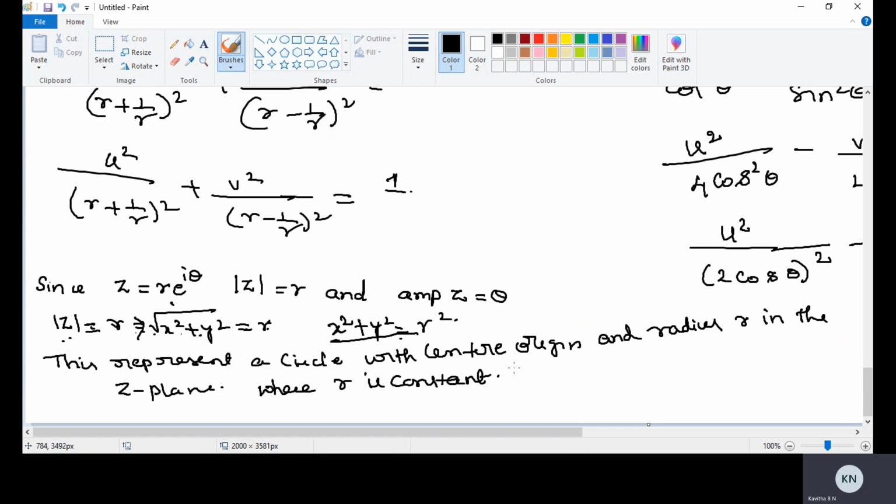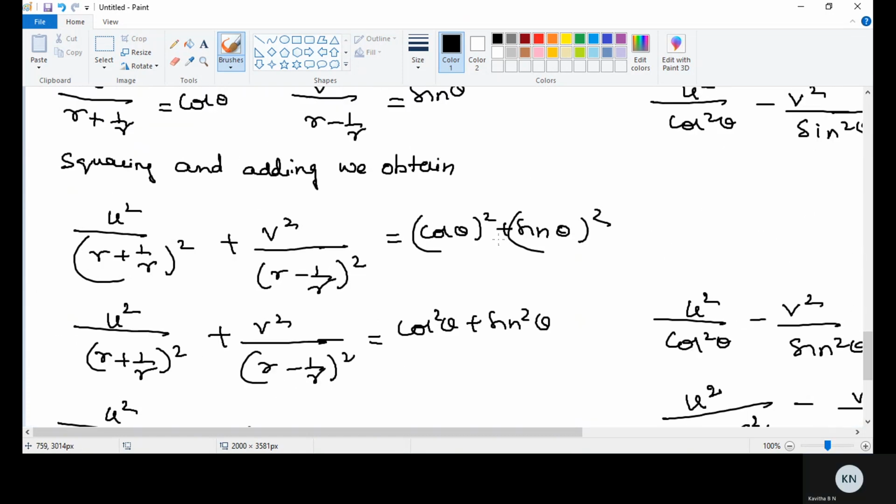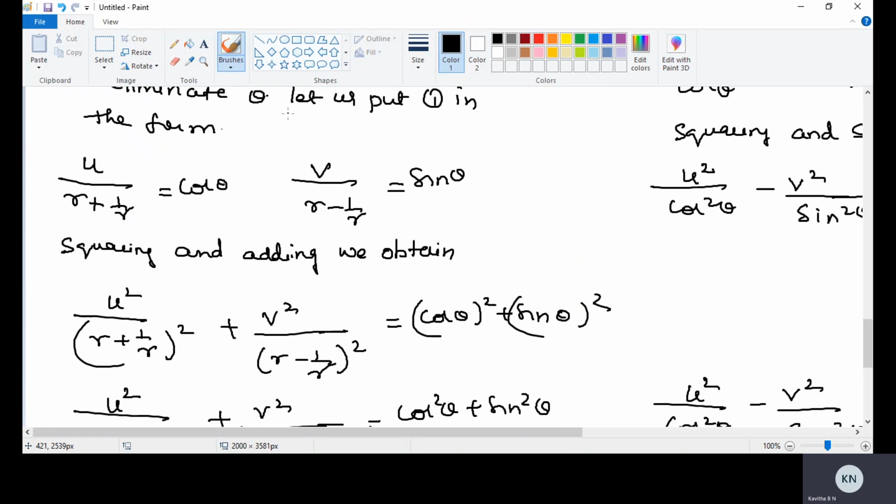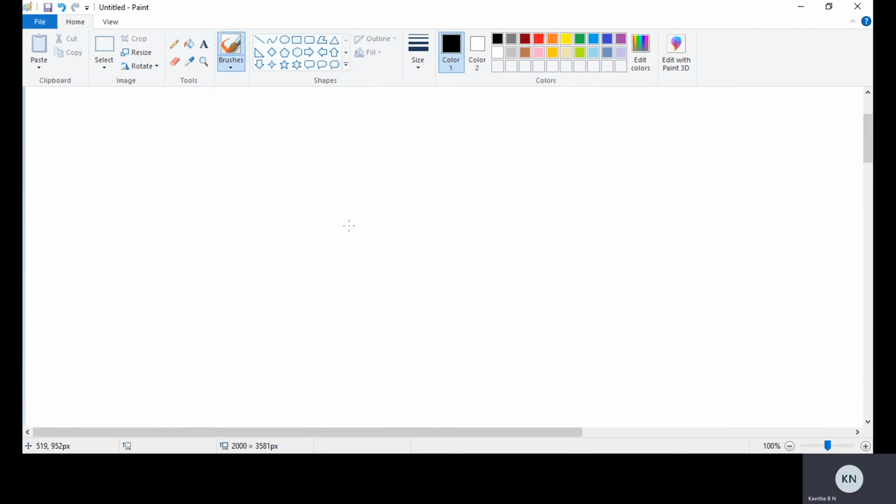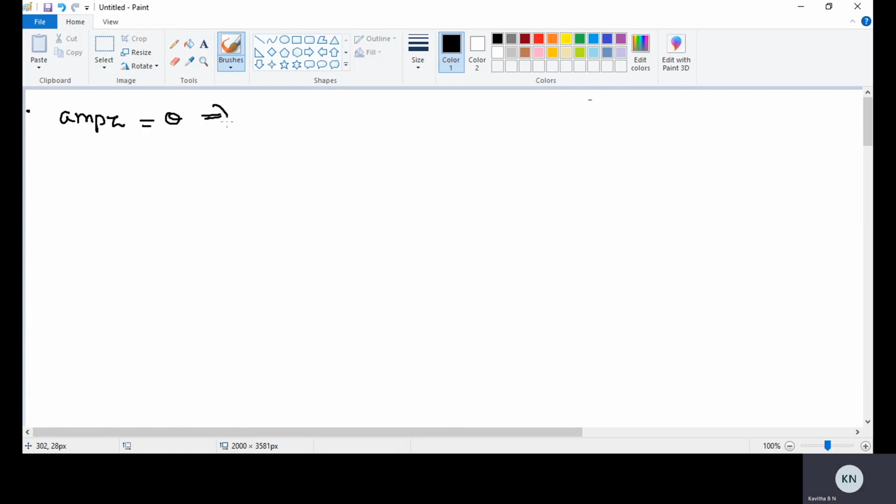Then next, take down amplitude of z. Amplitude of z is equal to theta. This implies tan inverse of y by x is equal to theta, means y by x is equal to tan theta.